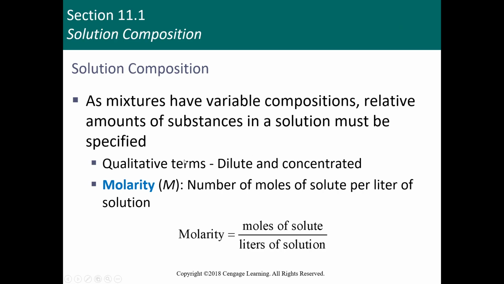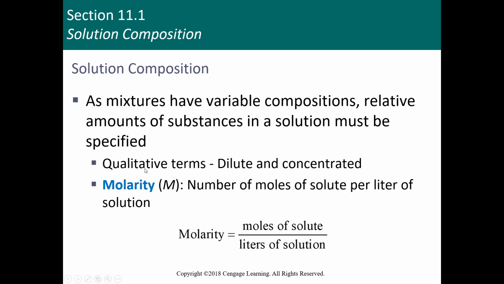So, we can do this in two different ways. We have the qualitative terms, dilute and concentrated. For example, when I said the word brackish, that was actually an indicator that this was a concentrated solution of salt water. Whereas when I said something like a soda, that is a dilute solution of salt and water.